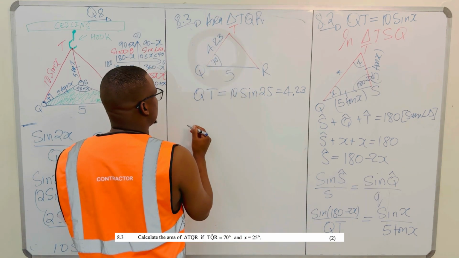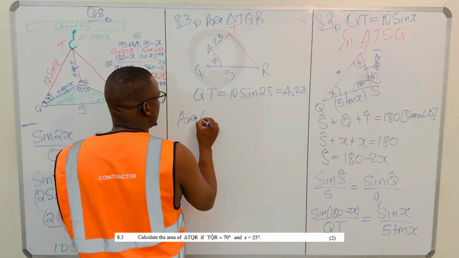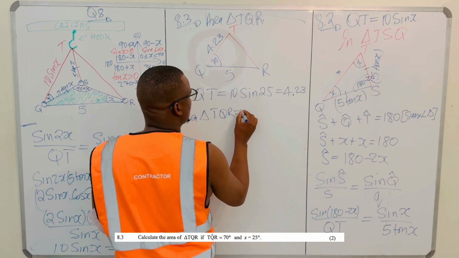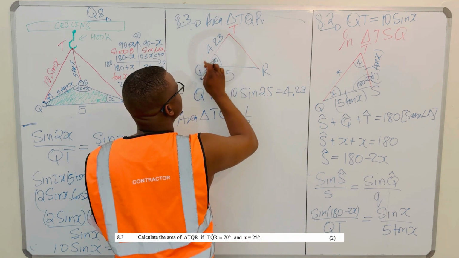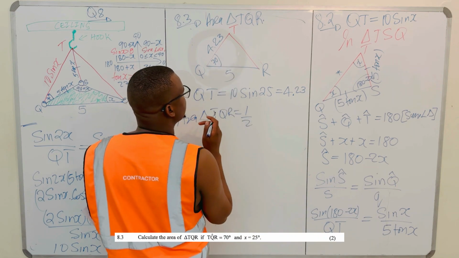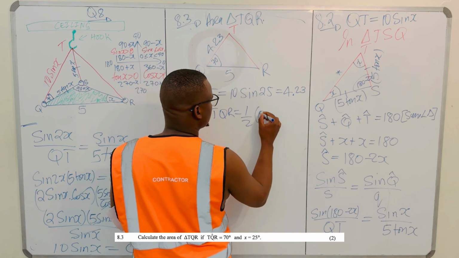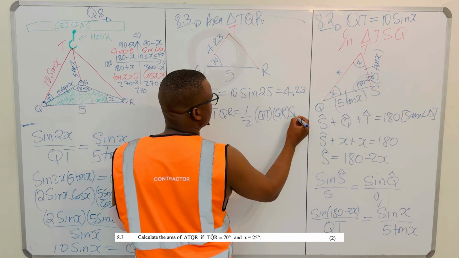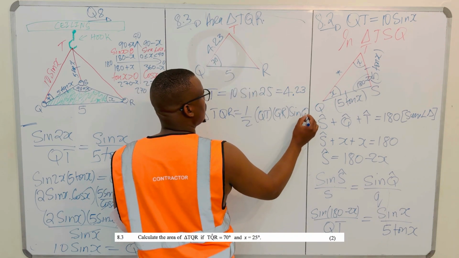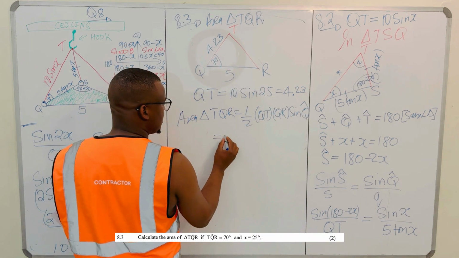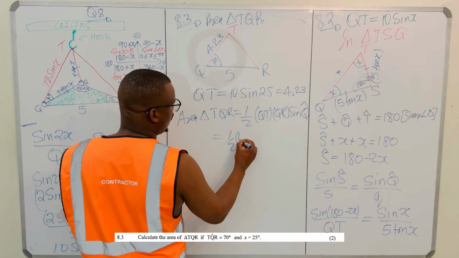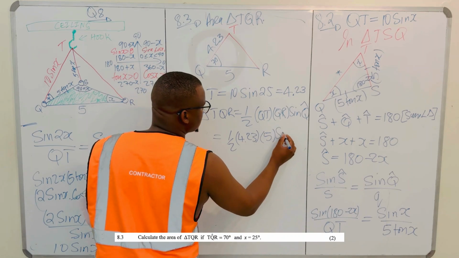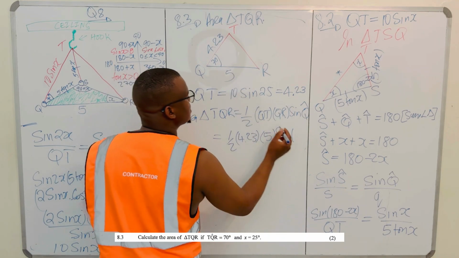So the area of triangle TQR is equal to half of this side times this side, sine of the included angle, which is Q, right? So your area will be half of 4.23 times 5 times sine of Q, which is 70.